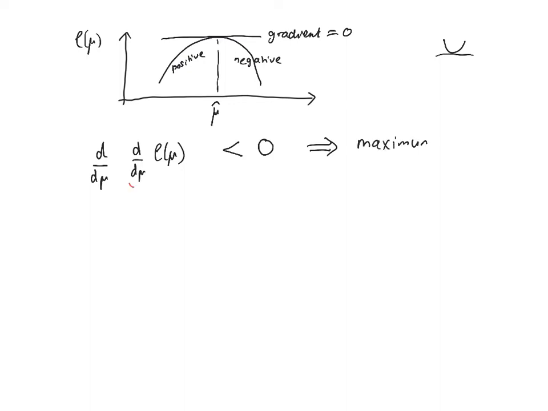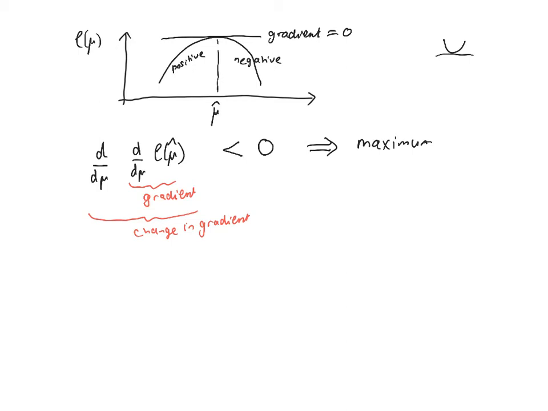So this is the gradient, and this is the change in the gradient. And if the change in the gradient at the point of interest, mu hat, is negative, then mu hat corresponds to a maximum point. So our task, therefore, has to be to work with the change in the gradient.